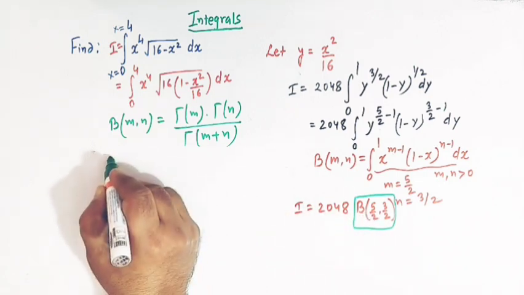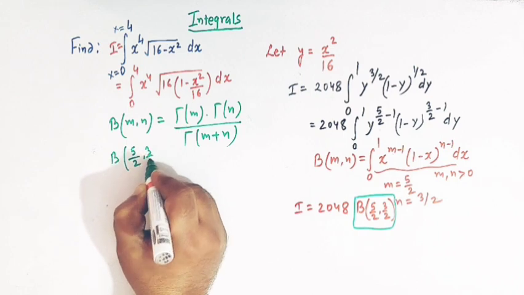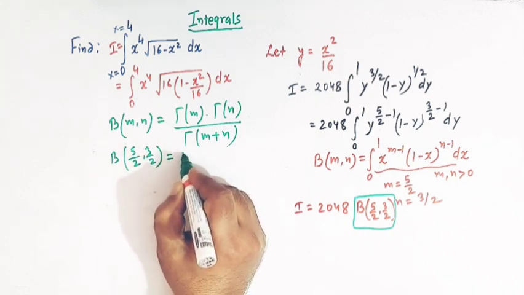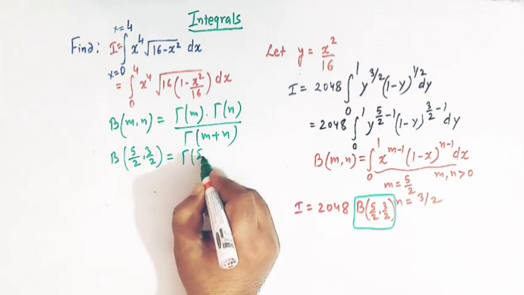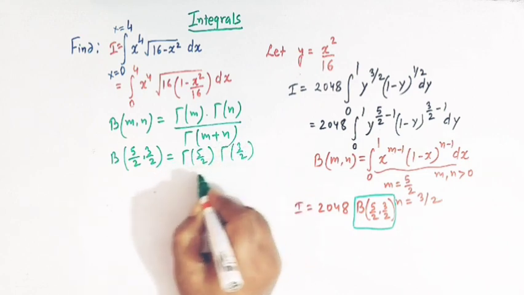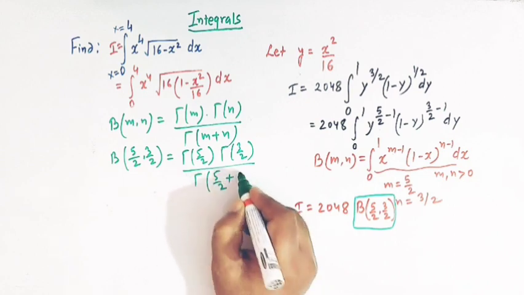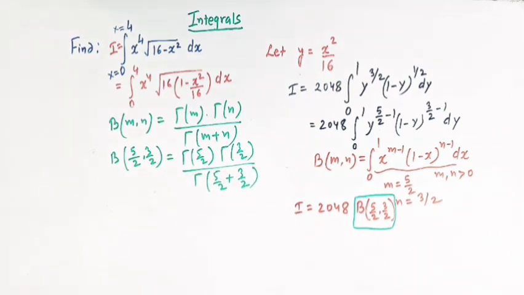So the beta of 5 by 2, 3 by 2 is equal to gamma 5 by 2, then we have gamma 3 by 2, and then we have gamma of 5 by 2 plus 3 by 2, right?